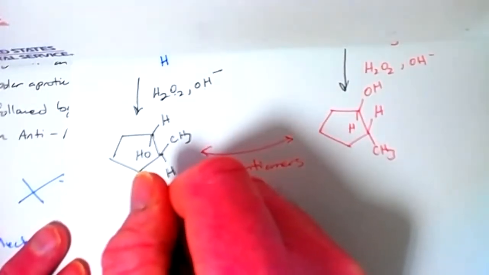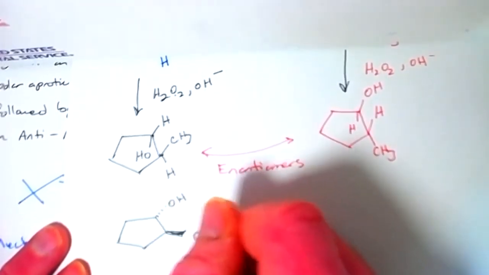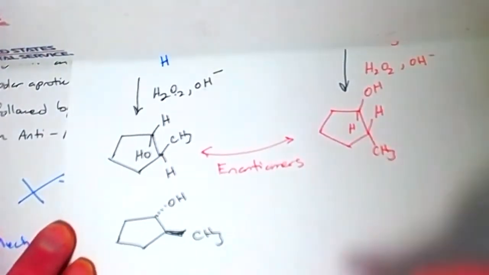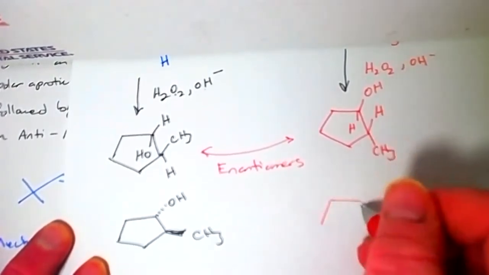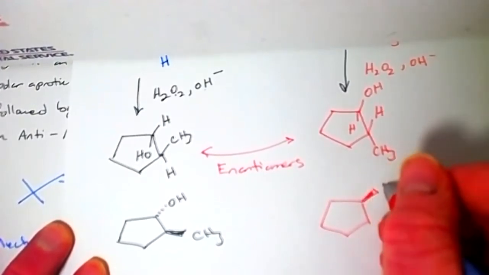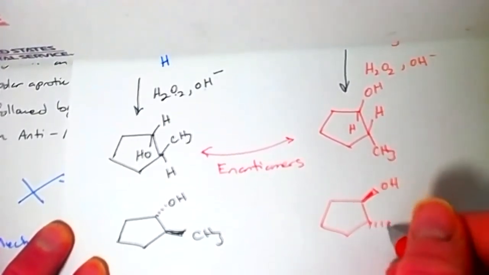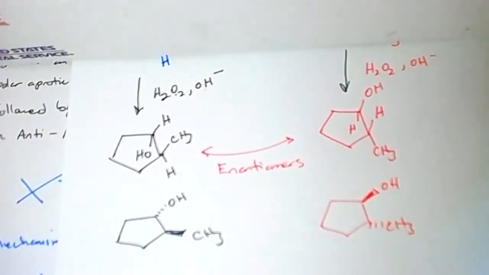So the OH group is down here and the methyl group is up here. And then on this side, the OH group is up and the methyl group is pointing back away. So I think now you should be able to clearly see that, okay?